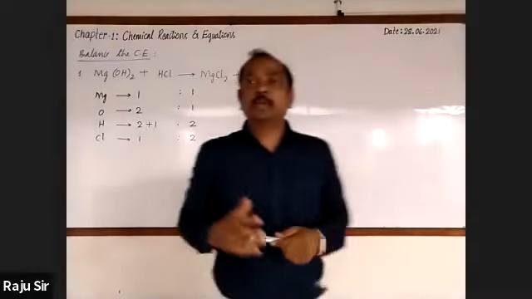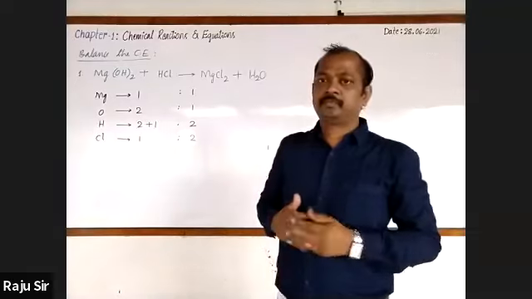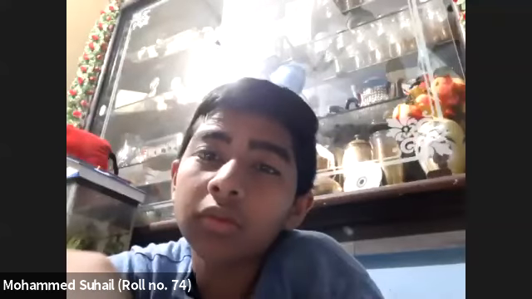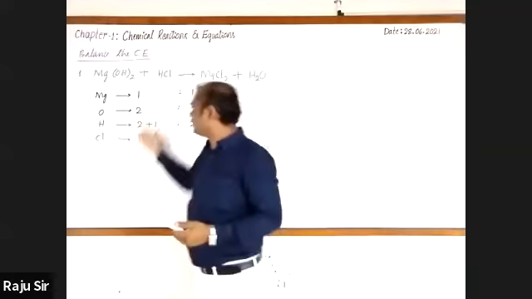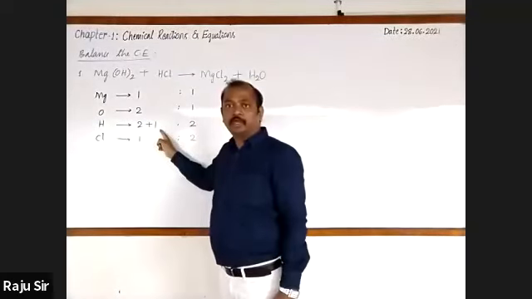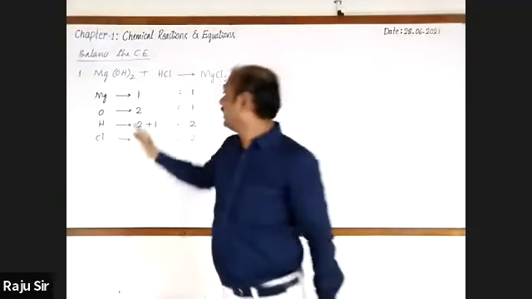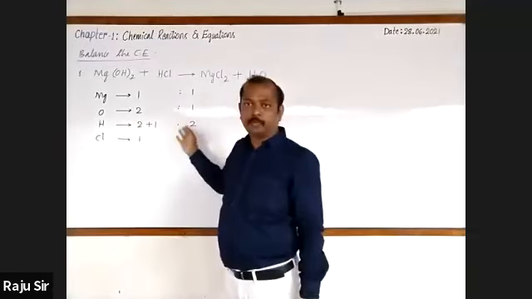Which element can be considered for balancing the chemical equation? Oxygen, sir. Either oxygen or chlorine. Of course we have 3 atoms of hydrogen, but we won't consider it, because here hydrogen is distributed in 2 compounds.